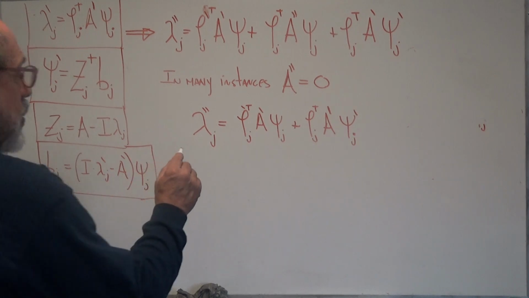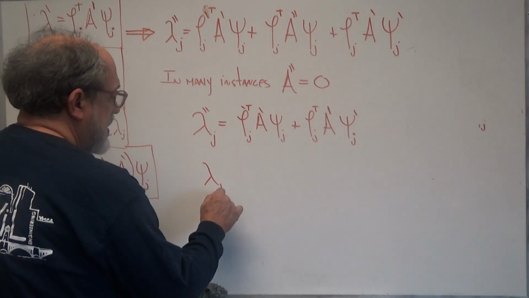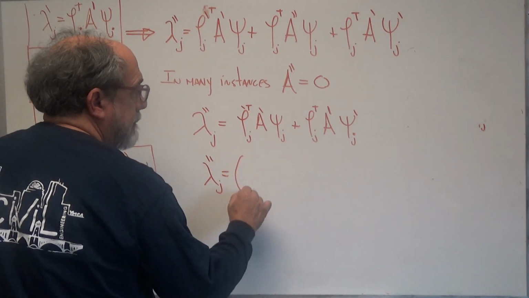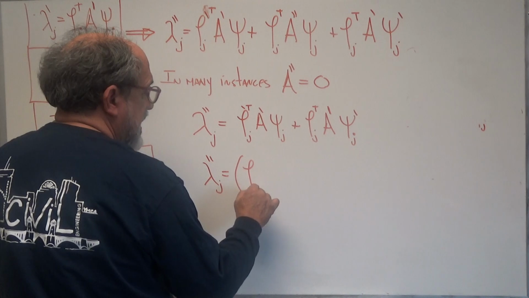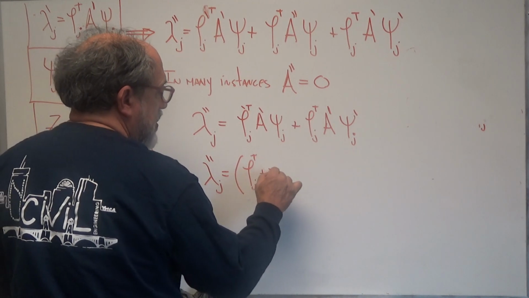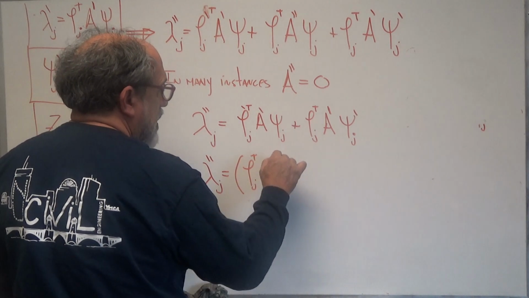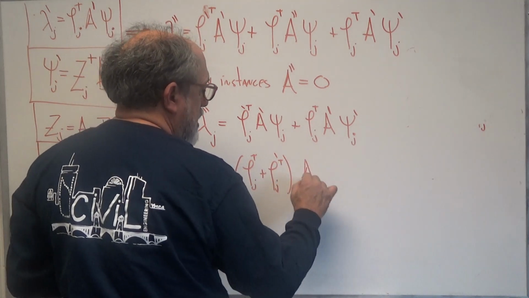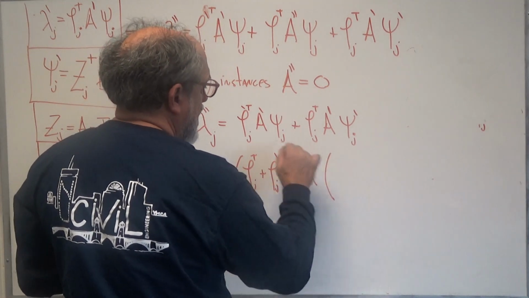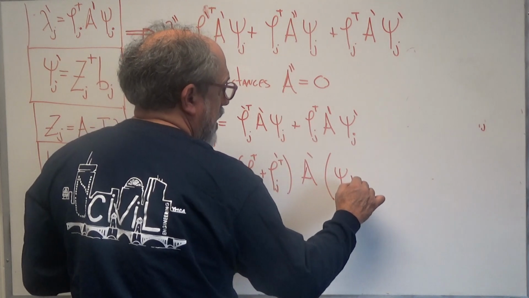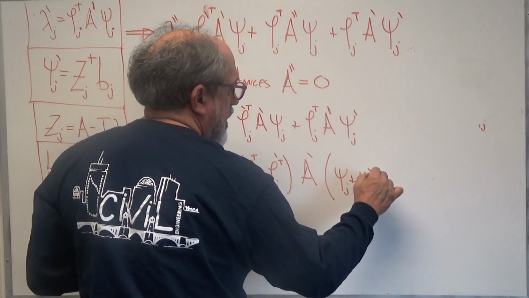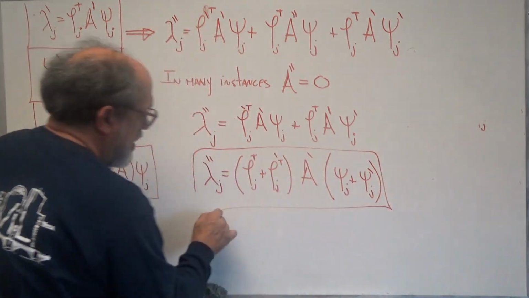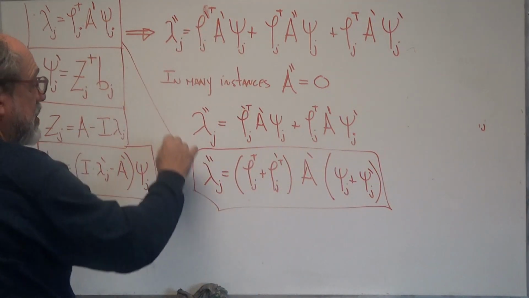Okay, yeah, we can also write this for the sake of symmetry, like this: psi j transpose plus the derivative, right, times A prime times phi j plus phi j prime, which is kind of an elegant expression, right?